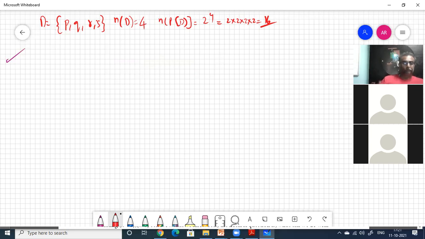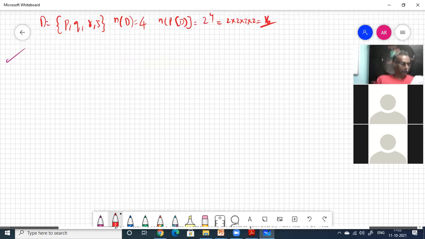Null set, P, Q, R, S, PQ, PR, PS, QR, QS, RS, QRS, PQR, PRS, PQS, PQRS. Okay, all of that. Fine. 16 elements you got.